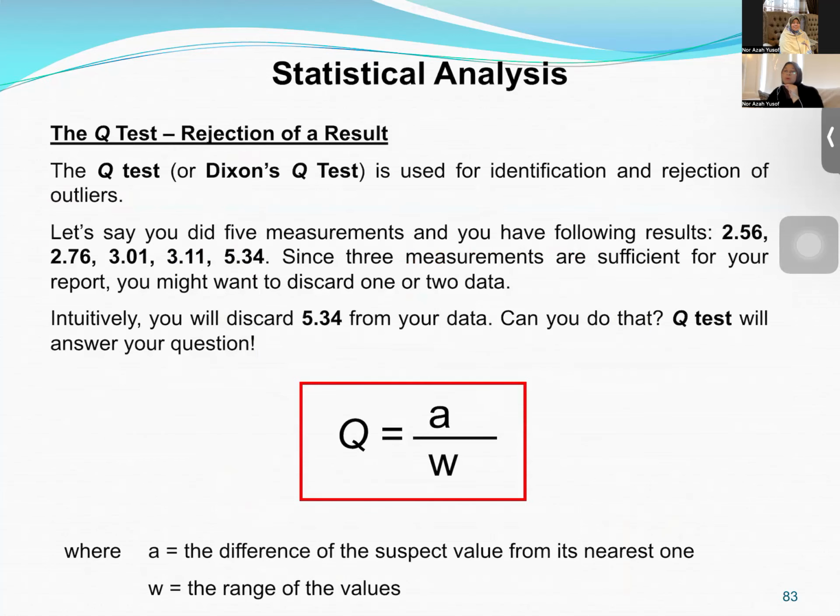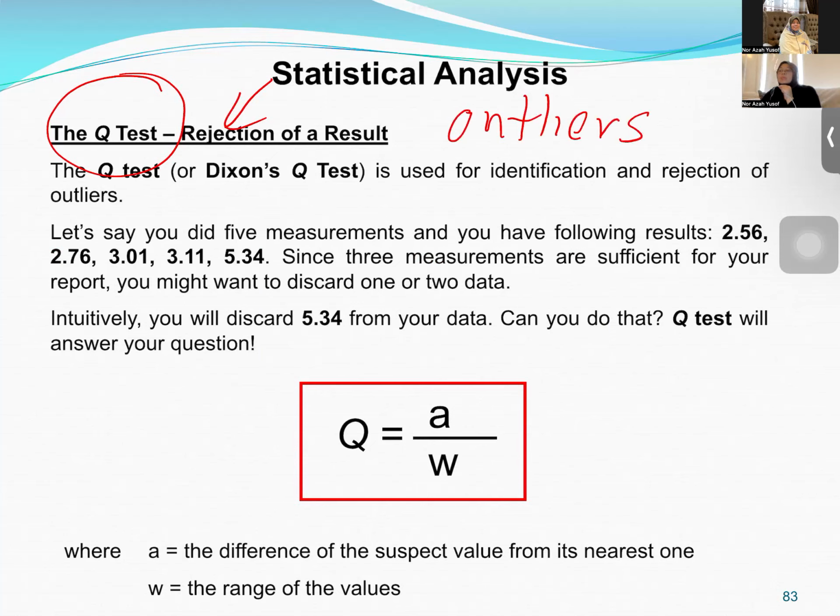Before we can do the precision test and the accuracy test, we have to do what we call the Q test. So what is the Q test? It's always about rejection of results. It's not rejection of results. It's evaluation of outliers. Yeah, outliers.